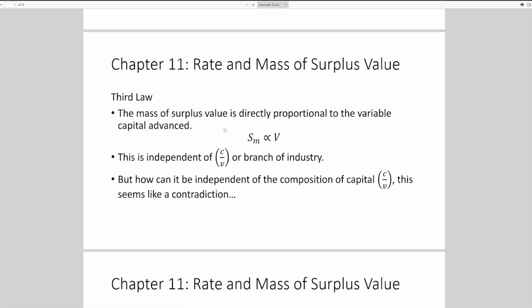I almost think that's the less important part of the third law. The more important part is that Marx claims that this relationship is independent of the C over V ratio. So recall that is your constant capital over variable capital ratio, or I think he also calls it the organic composition of capital.